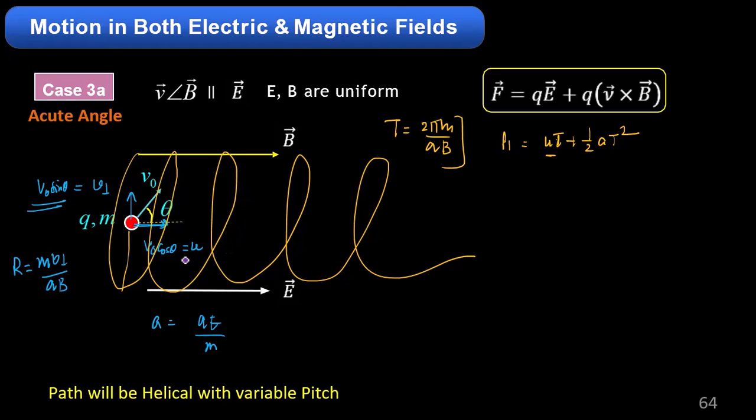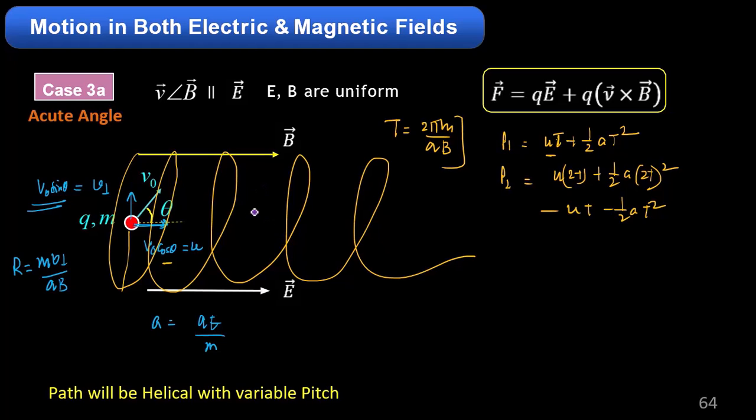What is this u? That is V naught cos theta. Half a t square. What about P2? P2 should be equal to u into 2T plus half a into (2T) whole square minus uT minus half a t square. So like this, you can calculate P1, P2, P3. Again, the pitch will be variable. So if the angle is somewhat inclined, the particle will follow a helical path, again with variable pitch.